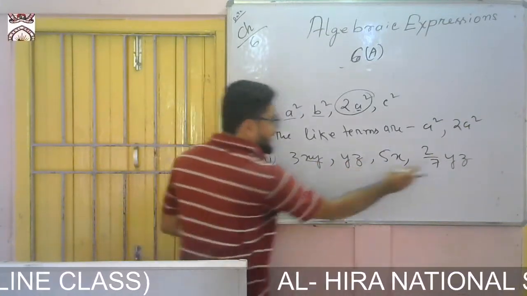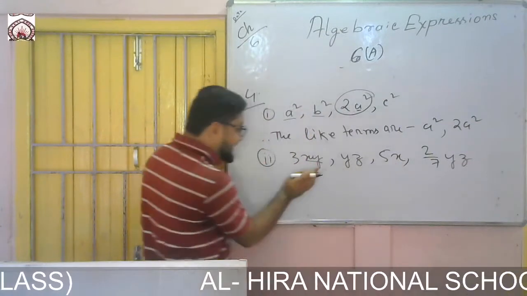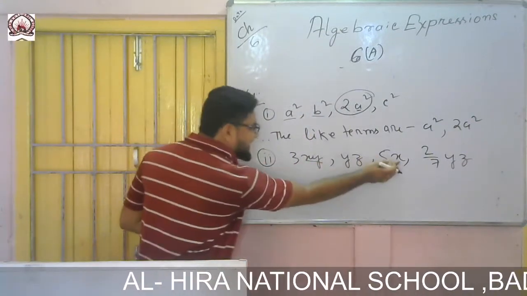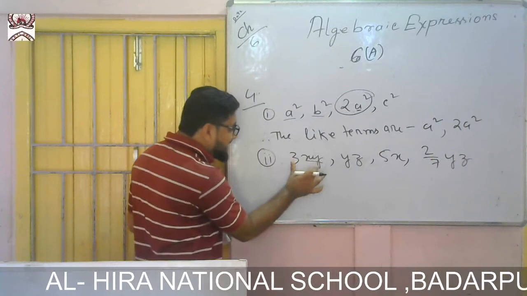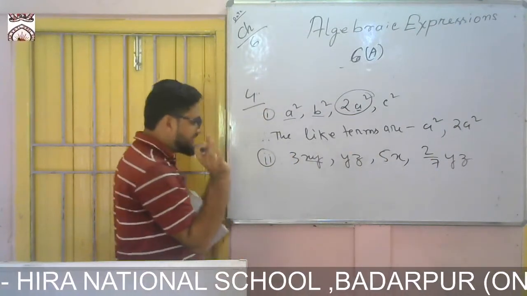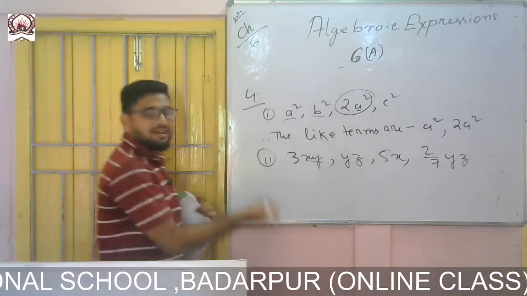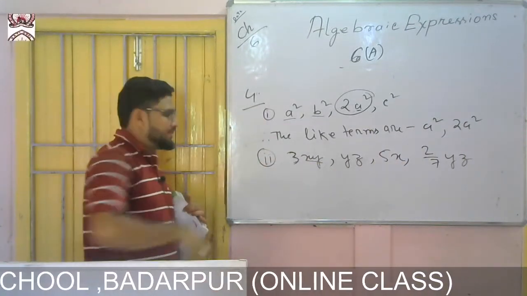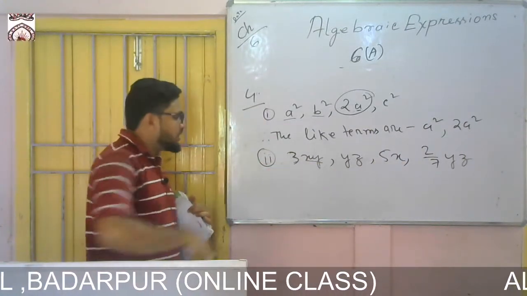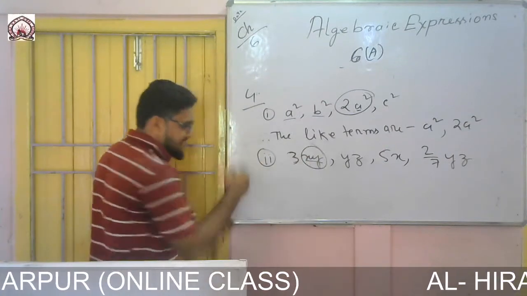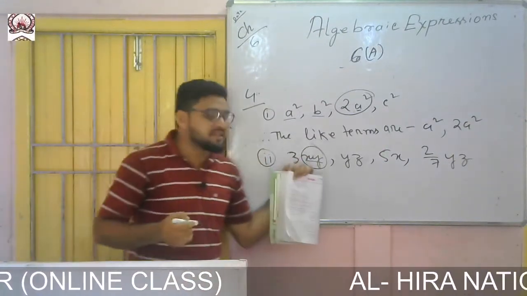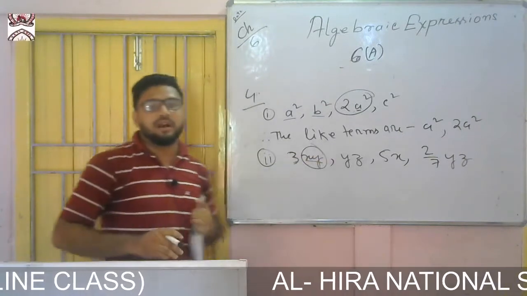Here yz, here yz, here x, but there is no y. So 3xy and 5x are not like terms. That means 3xy doesn't have any more like term with the same literals.